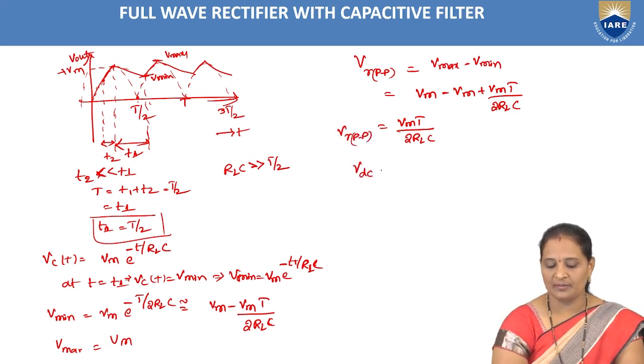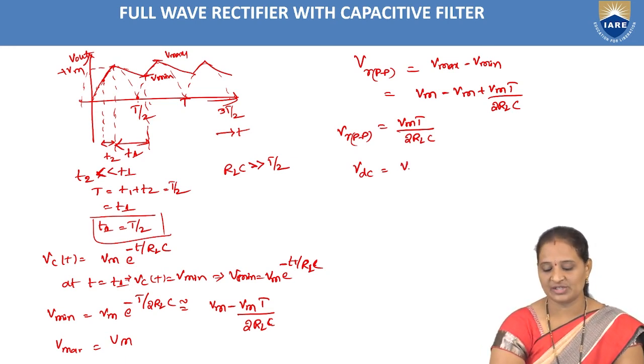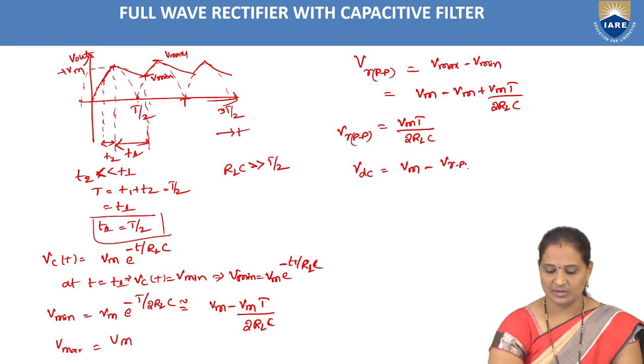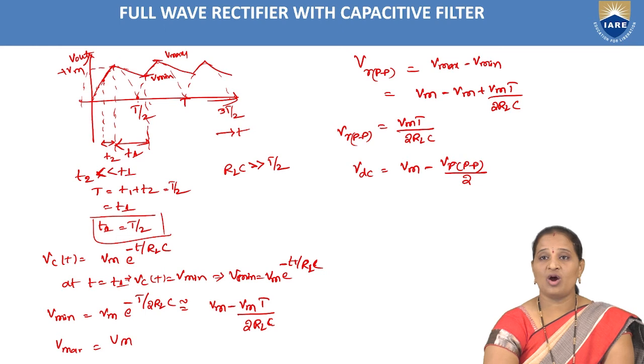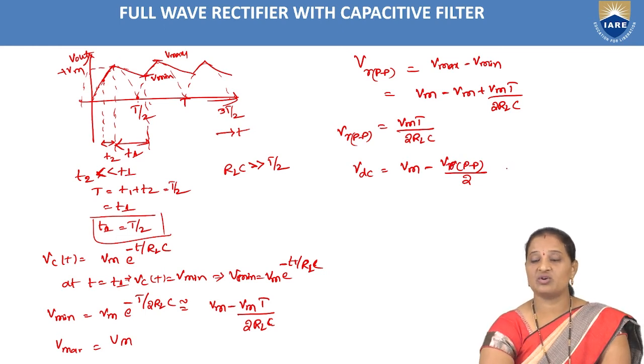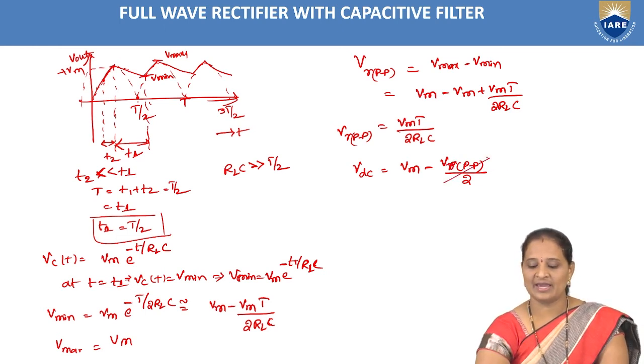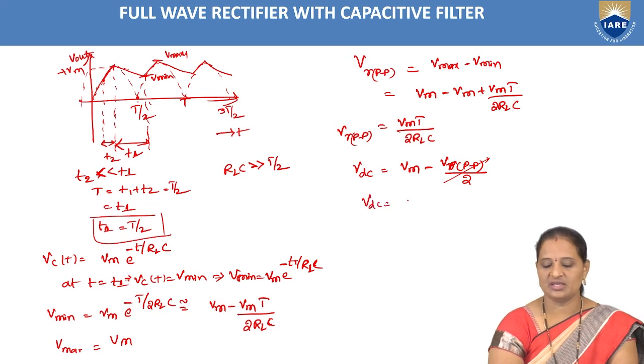Coming to the VDC, we already know that the DC value is given by Vm minus VR peak to peak divided by 2. Ripple voltage is of the order of millivolts, and hence I can neglect this one. So VDC is approximately equal to Vm.